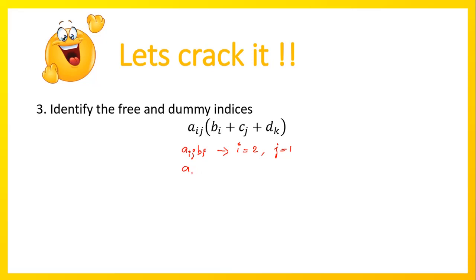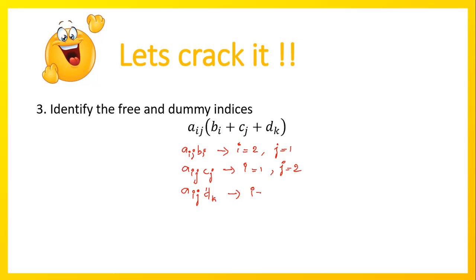Let's check the next symbol group, A i j C j. Here i appears once whereas j appears twice. Next symbol group, A i j D k.